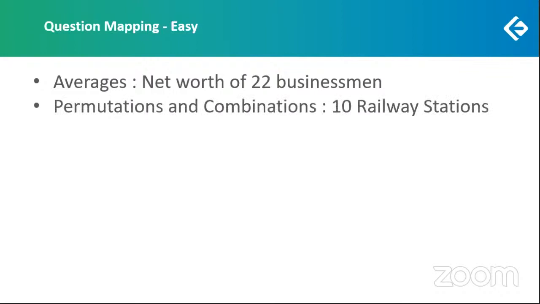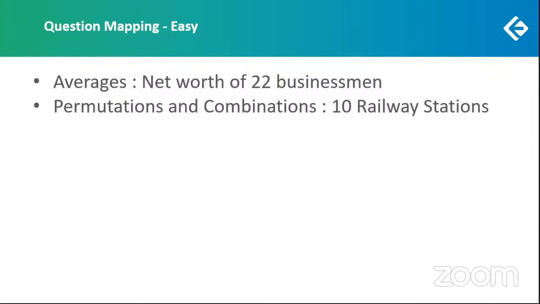The next question was based on PNC, wherein there were 10 stations given, including A and B. A is the starting point, B is the finishing point. So there are 8 stations in between. Out of these 10 stations, you want to travel between any 2 stations, and you were to find out how many tickets can be generated.